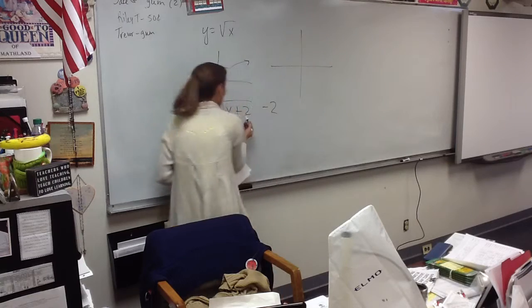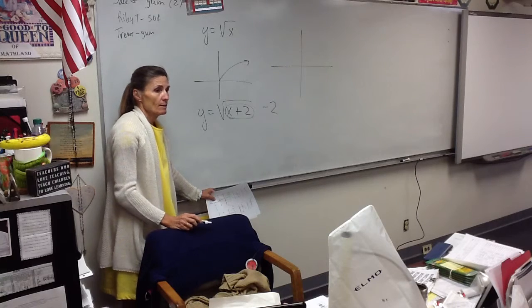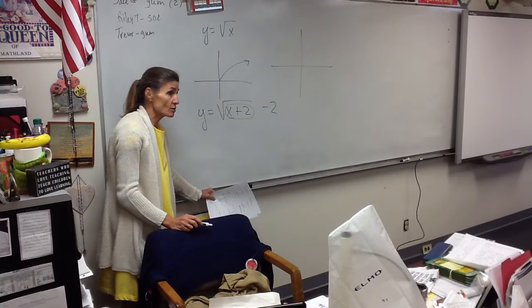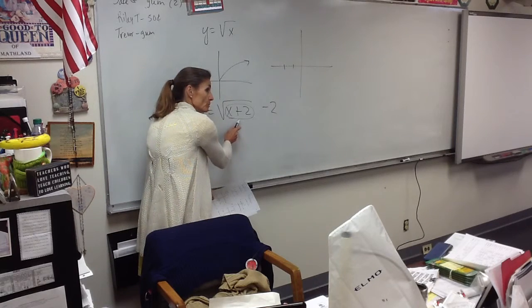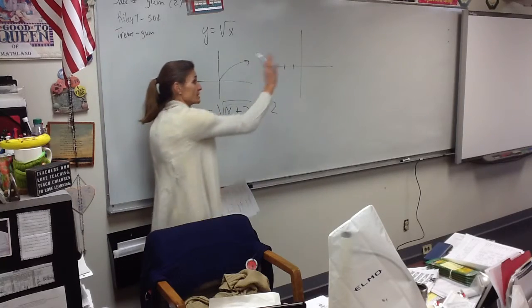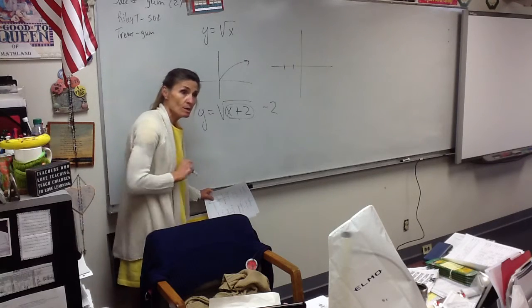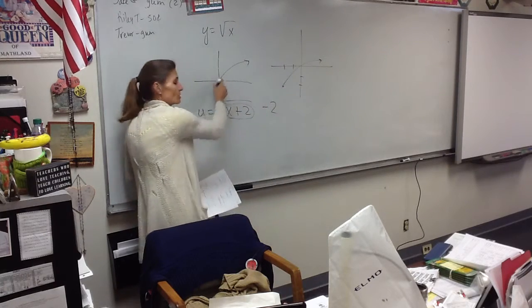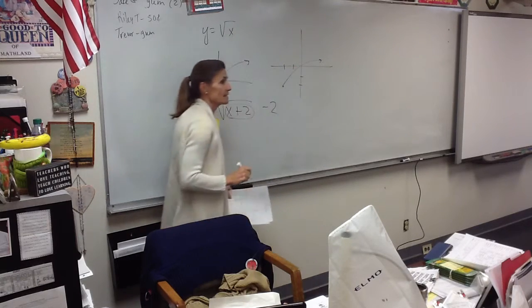Notice that this 2 is hooked right to the x all under the radical. That's a sideways shift. And it goes the opposite of what you think. So that's going to go left 2. Left 2. That 2 is outside the radical, just stuck on the end of the problem. It does exactly what it looks like it's going to do. Down 2. So you have your square root shape, left 2, down 2. That's the way that looks.